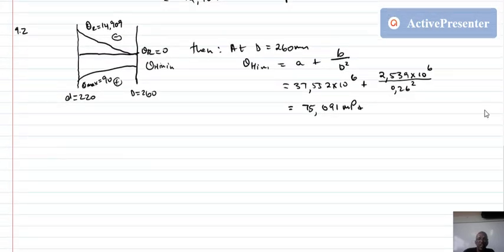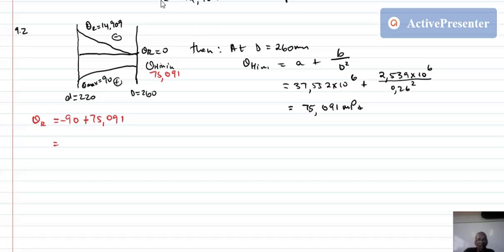Right. And then we should also check, are we correct there? Here I have 75,091. Let's take these two values, to see if it will give us the internal pressure. My radial will be the same as 90 minus 75,091. The difference between the two can be either one of the two, it must give you that.